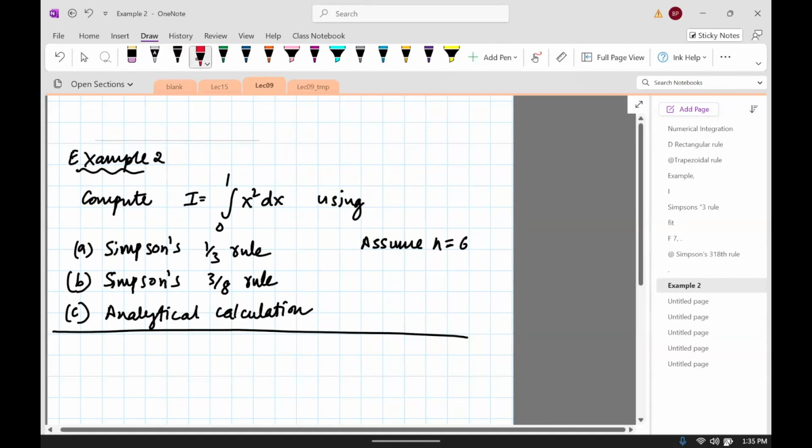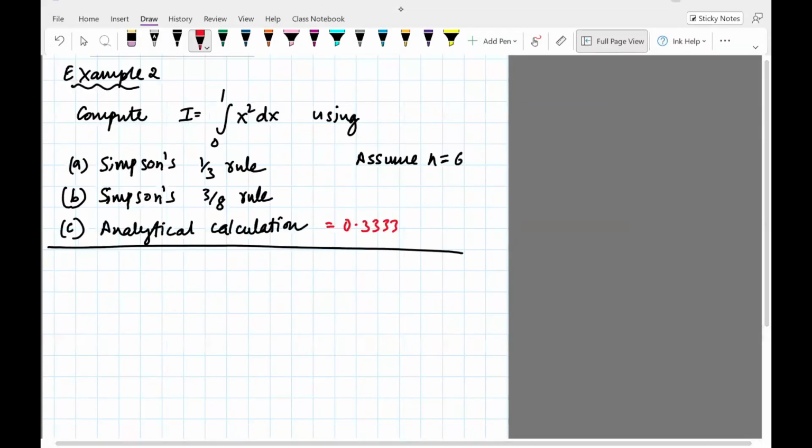The analytical calculation we had done last time was 0.3333, so we know the answer is 0.3333. And remember when we did this with both methods, rectangular and trapezoid, we had some error. It was not accurate.